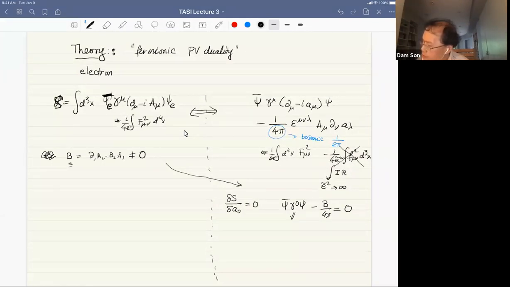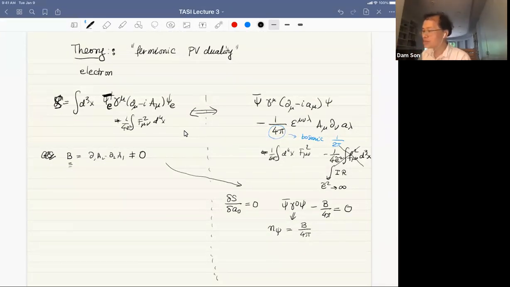So that means that this is the number of psi, the density of psi. The density of psi quanta is equal to b over 4 pi.